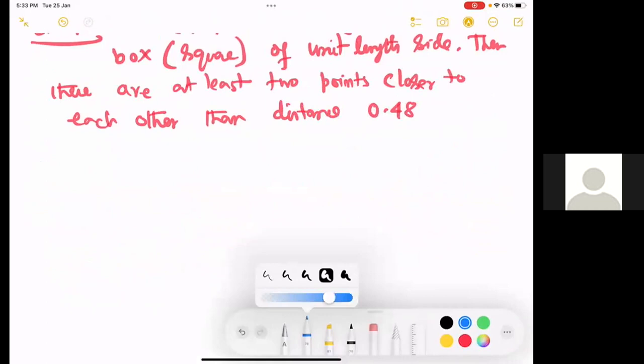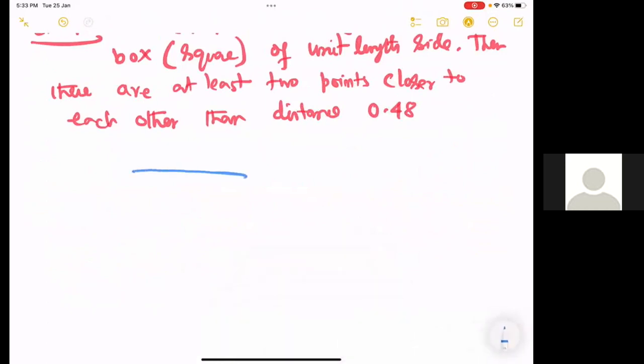Yeah, so what is the problem? You have a square box, and each side is 1. And you have to put 10 points in it. So the question that it is asking you to solve: no matter how you put these points into the box, there will be at least 2 points whose distance is less than 0.48.